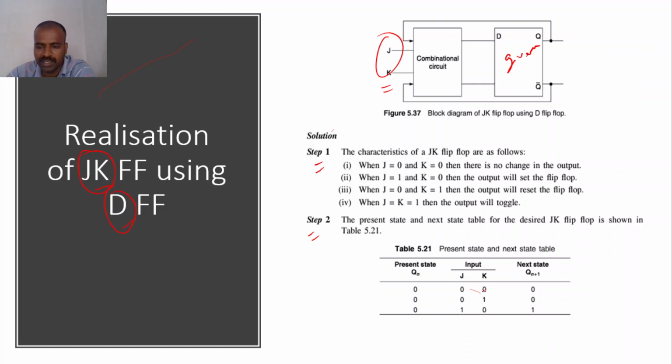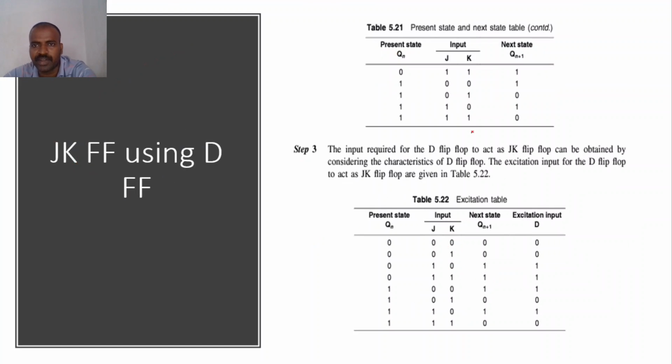Here three conditions are given and the next five conditions are here. We know the JK flip-flop truth table: 1 1 toggles the present state, so the present state is 0 here and 1 comes here. 0 0 is no change, so this comes here. For 0 1 the 0 goes to the output, for 1 0 the 1 goes, and 1 1 again toggles.